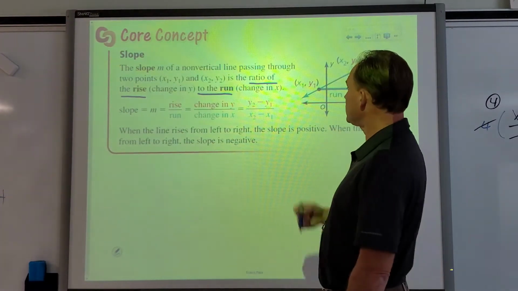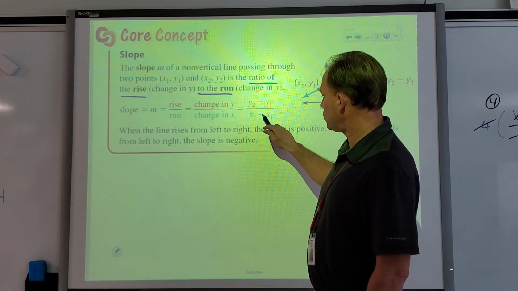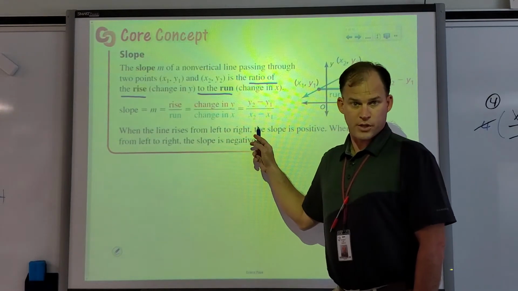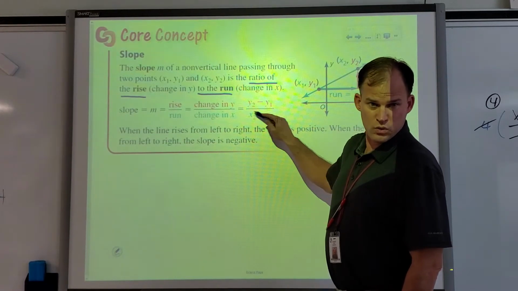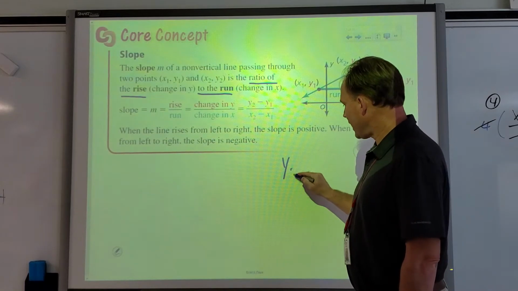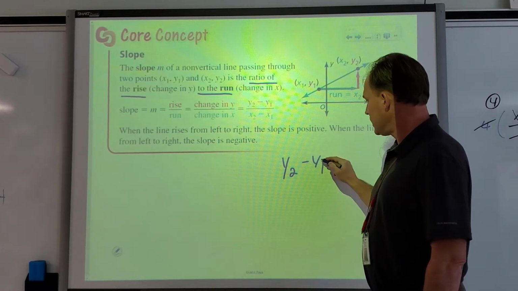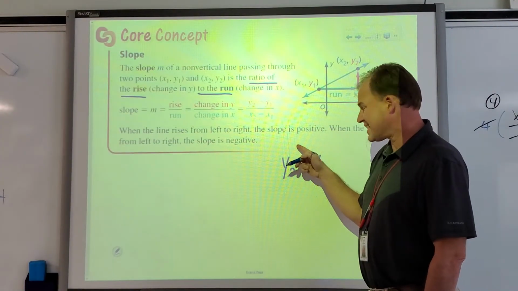The formula for doing this is y2 minus y1 over x2 minus x1. Make sure you're getting this down. Important to note, these 2's and 1's are subscripts. It's y sub 2, y sub 1. That means the second one minus the first one. It's not an exponent.